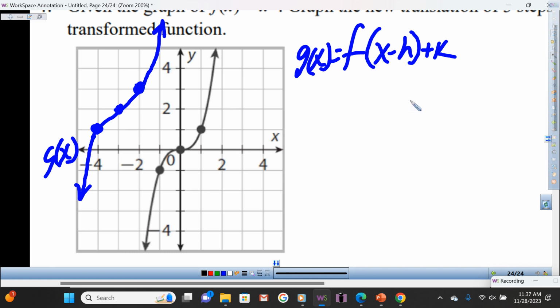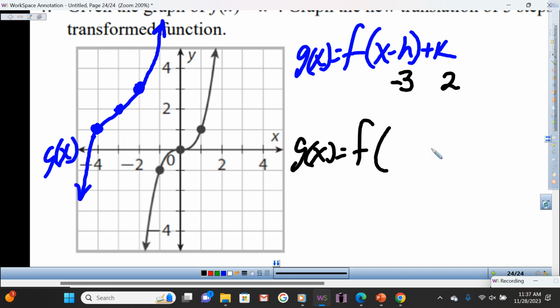H is 3. K is 2. Okay, but didn't we go to the left, guys? So if we go to the left, it should be what? -3, yes? So left is always negative. So therefore, g of x equals f of x minus -3, that is, plus 3. What kind of function is this? A cubic, and then at the end, plus 2.